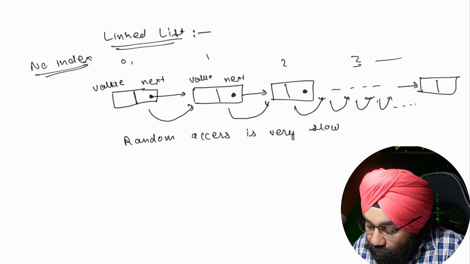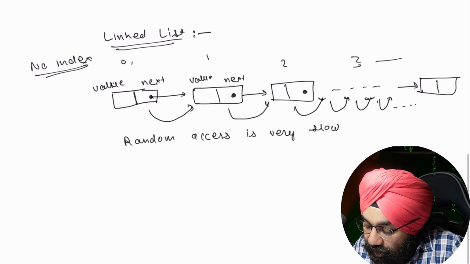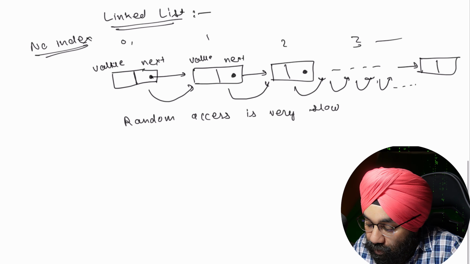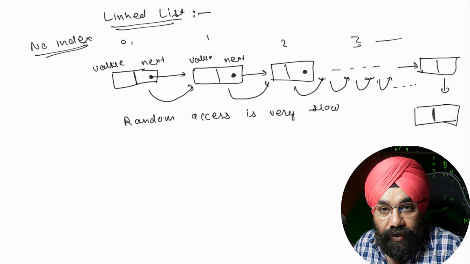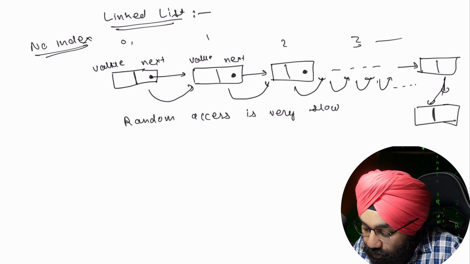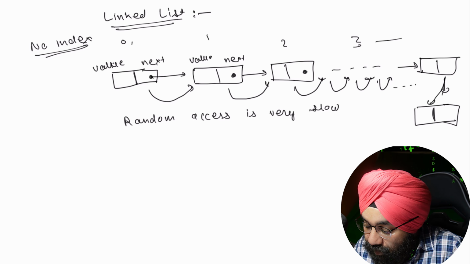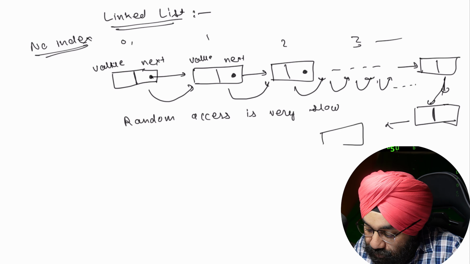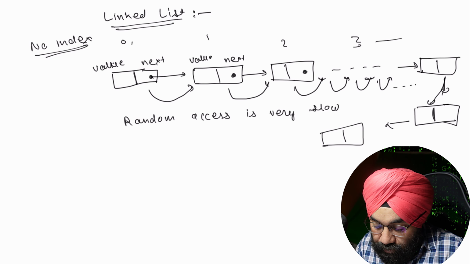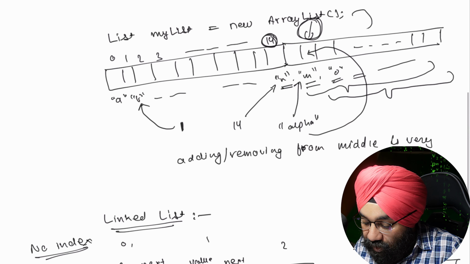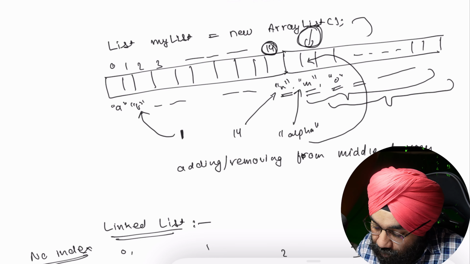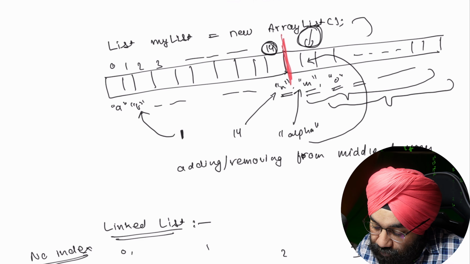If you want to add an element at the end of the list, you just need to create a new node, and it will point to the next element. Again, if you want to add one more element, just create a new node, and it will point to your next element. Whereas in the case of an array list, suppose originally the list was only till here.